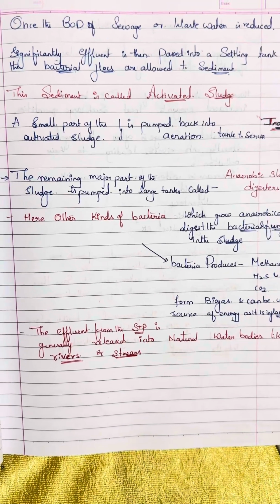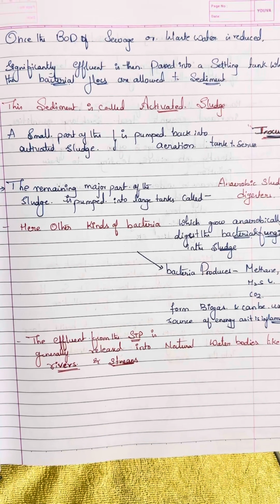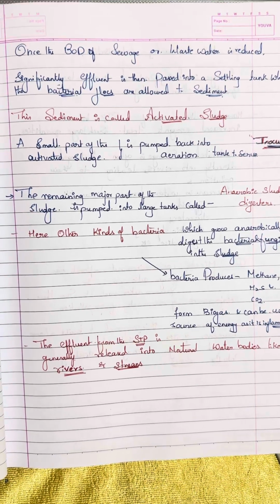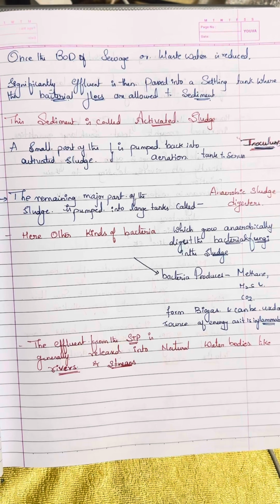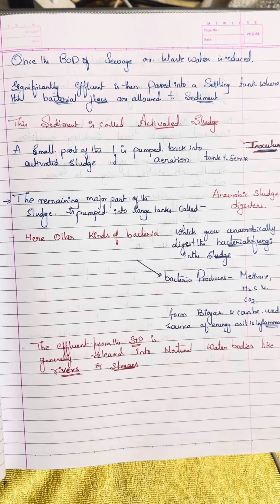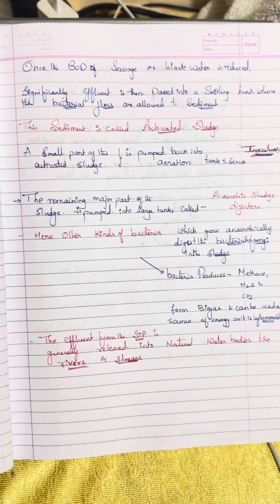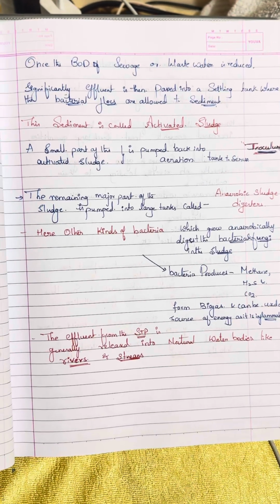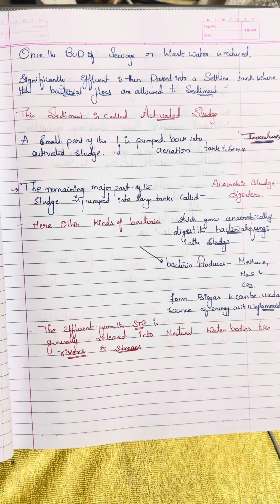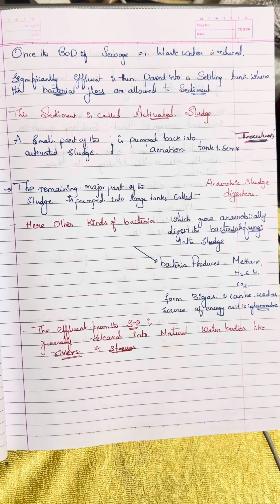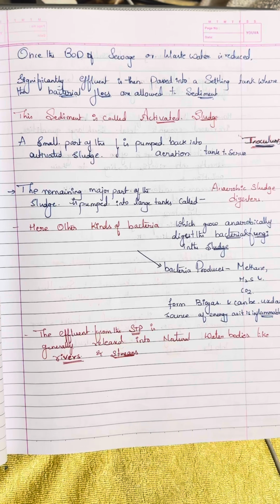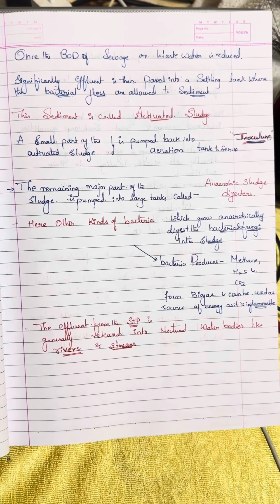Once the BOD of the sewage is reduced significantly, the effluent is passed into a settling tank where the bacterial flocks are allowed to sediment. This sediment is called activated sludge. A small part of this activated sludge is pumped back into the aeration tank to serve as inoculum, meaning to start the new process again.